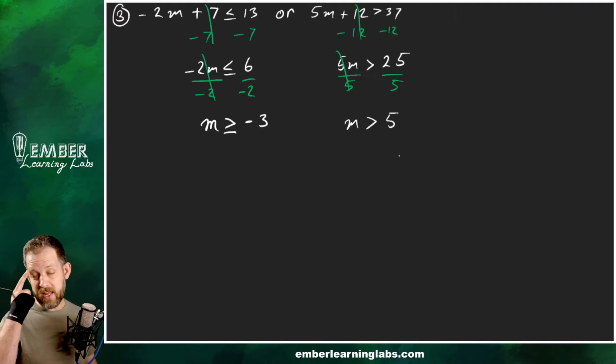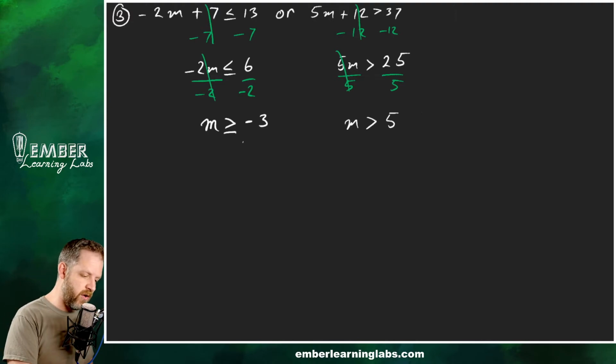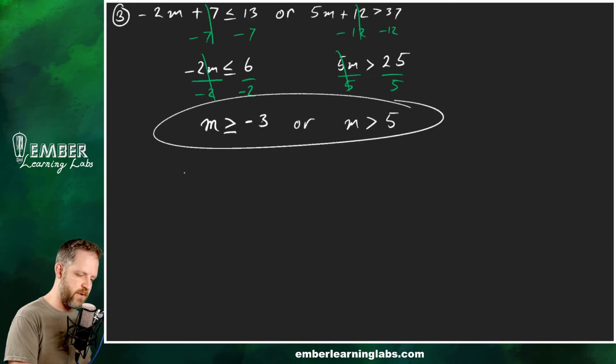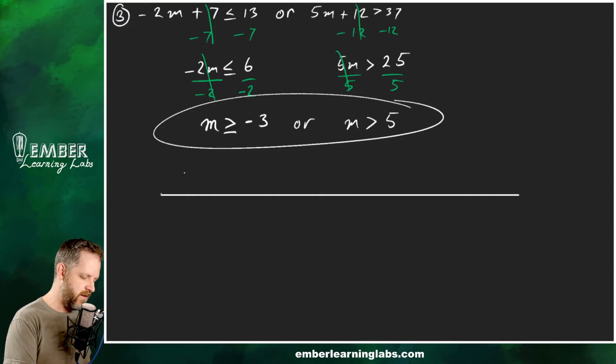So when is this one or this one true, right? So that's what we're going to graph. This or that. So that's the first part of our answer, right? What we're going to graph is that. So we're going to put our 0 point on there.